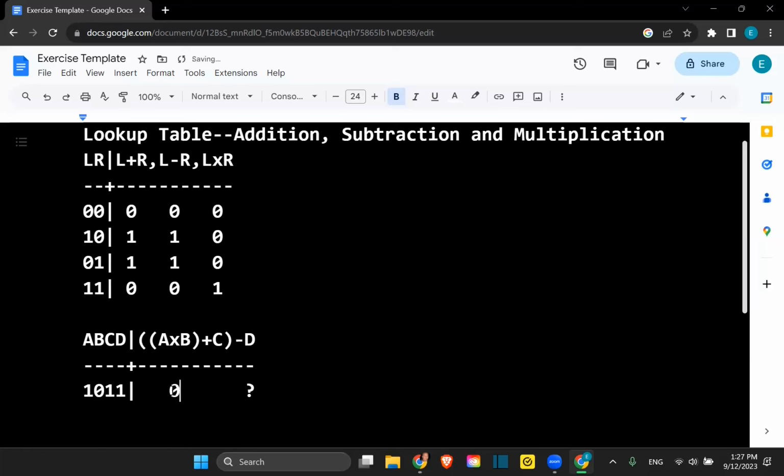So I'm gonna mark that here so we can keep track of things. So these inner parentheses, that whole expression evaluates to even on the interpretation that A and B are odd and even respectively. Now we're going to do the larger parentheses, and we're going to evaluate this addition.